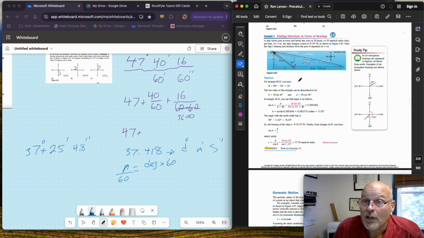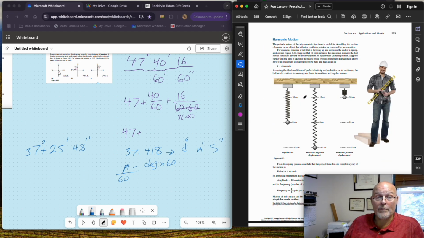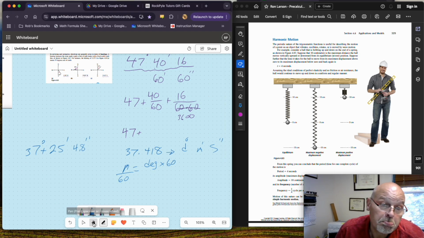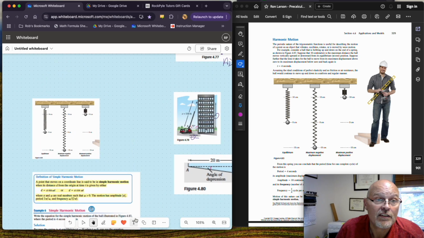And there's all sorts of problems like that, but we're still getting back to a triangle and then solving the triangle. And then the last bit is harmonic motion, which doesn't have anything to do with triangles, but is in applications where you'll see this a lot, almost in physics type things.